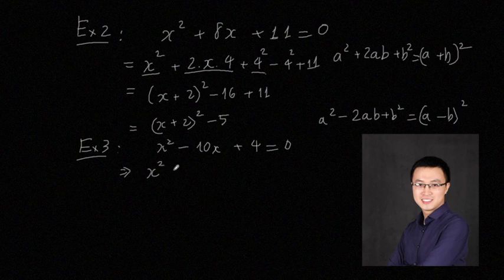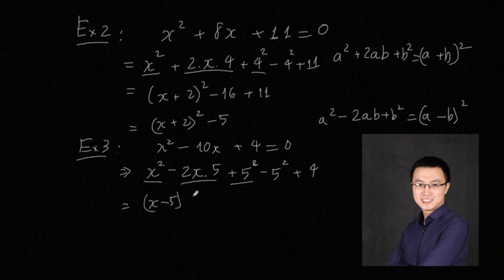So a squared minus 2ab, and you know b is 5, so 5 squared and minus 5 squared to leave the equation unchanged, and we write 4. The first three terms give (x minus 5) squared, and outside the bracket minus 25 and plus 4, so (x minus 5) squared minus 21.